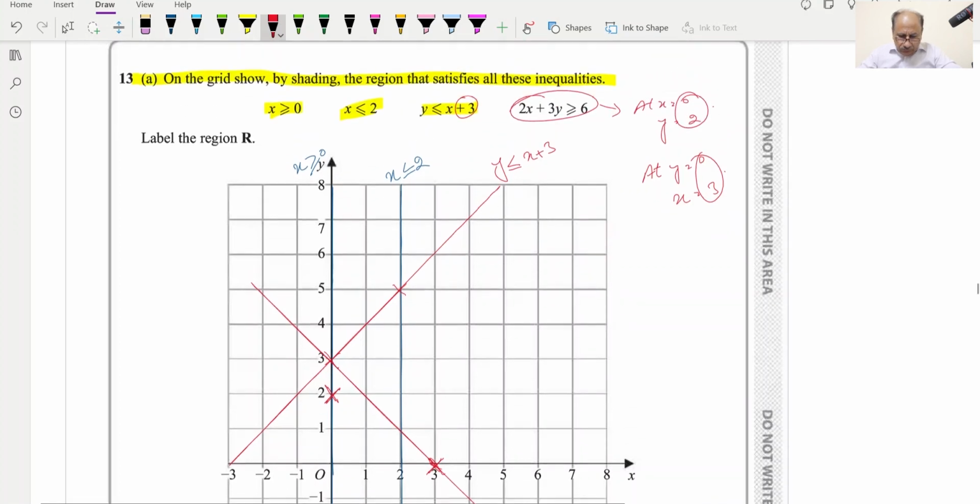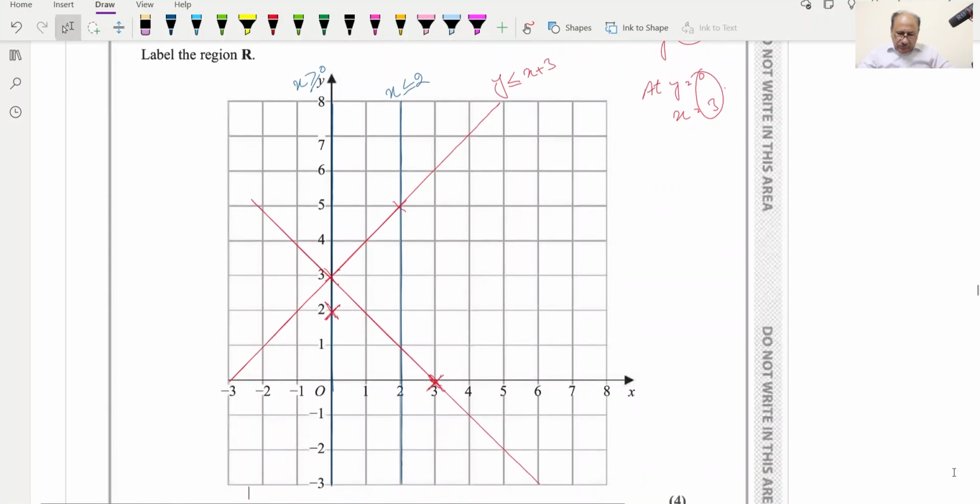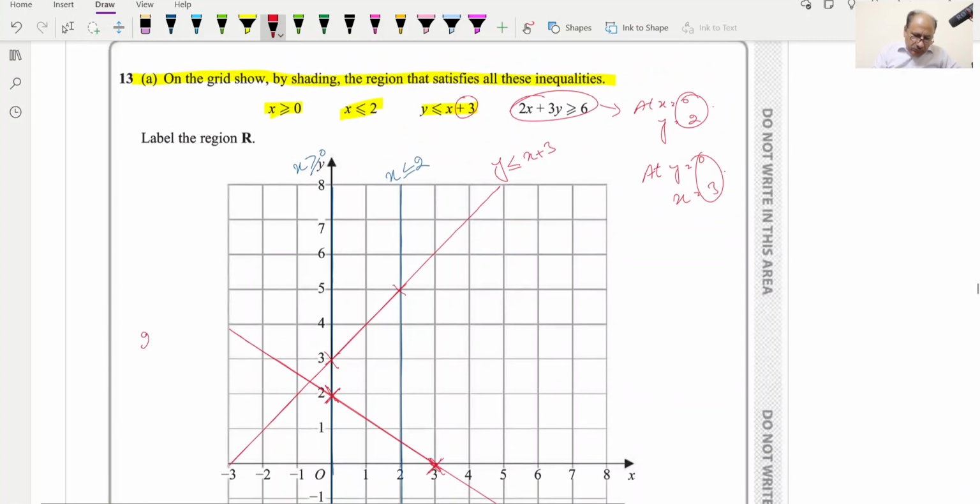Now we have to, no, sorry, this is by mistake. I have joined the other point, and the line is passing through this lower one. This will be the line, and we will label it as 2x plus 3y is greater than or equal to 6.